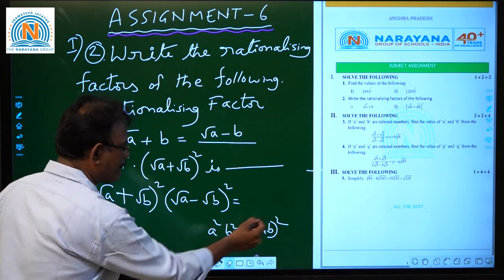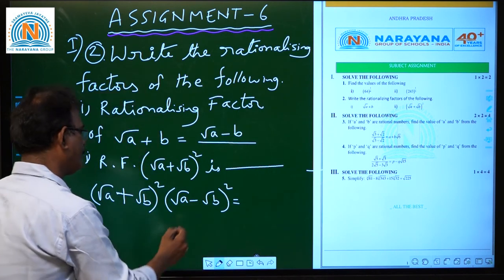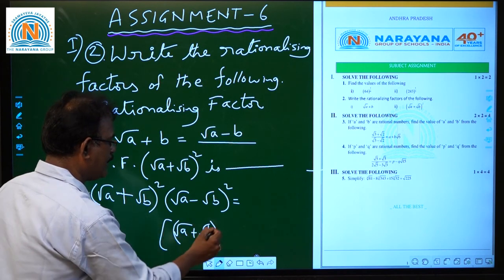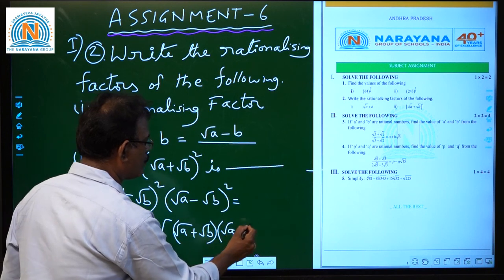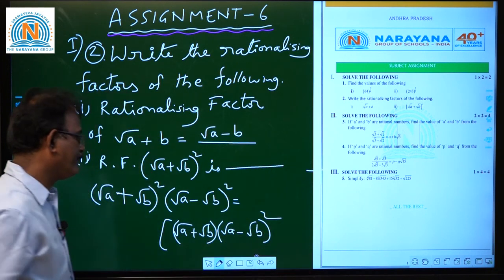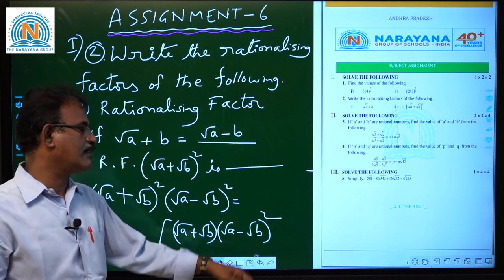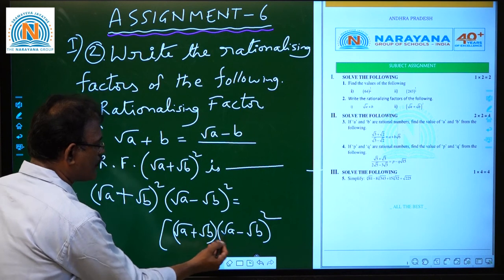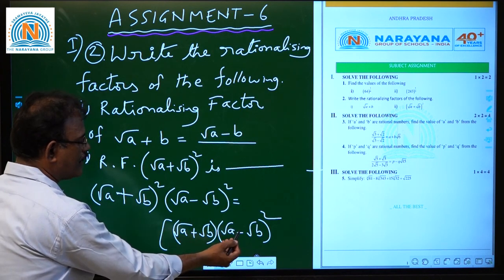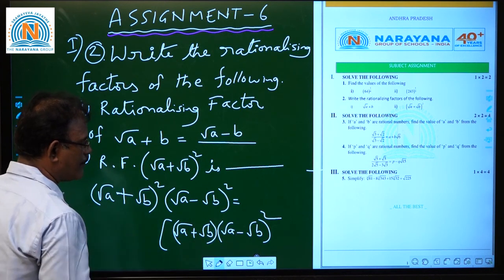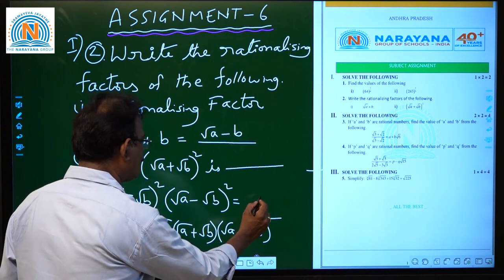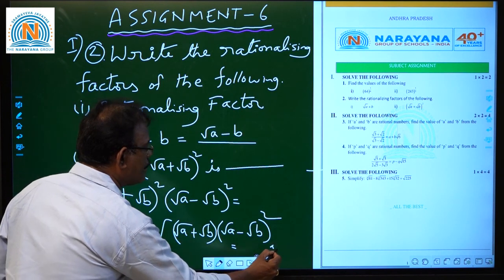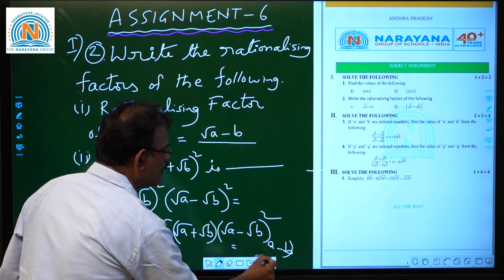In such a way, this is (root a plus root b) into (root a minus root b) whole square. Its product is (a plus b) into (a minus b), which is (a minus b) whole square.